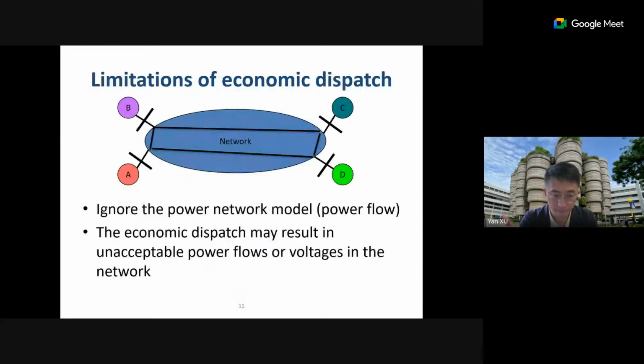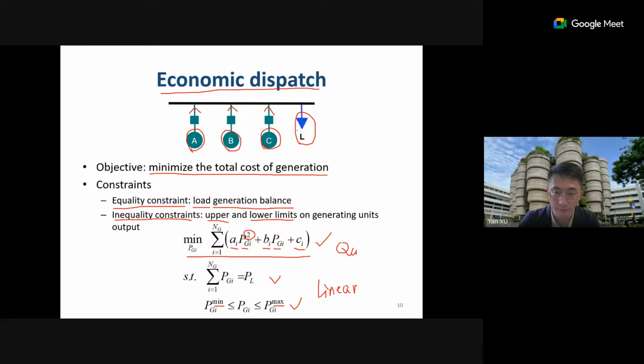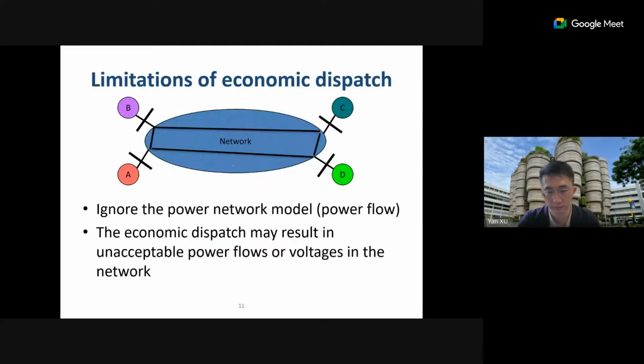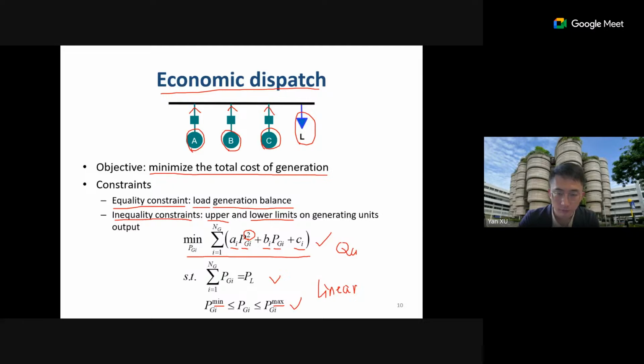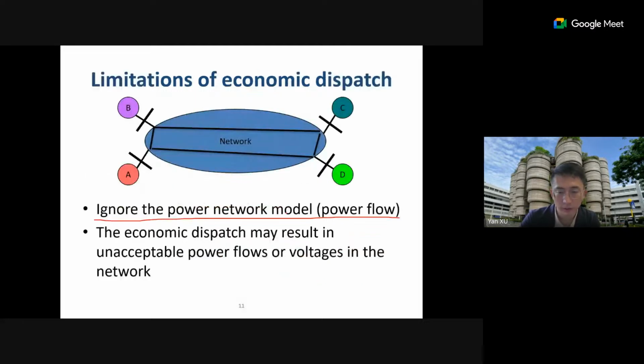It's very basic, so it has a lot of limitations or inadequacies. First, you can see that economic dispatch does not consider the network, right? We just consider the 3 generators supplying the load, but where is the network, the power grid? It is not considered. So economic dispatch ignores the power flow model. And besides, since we only consider the real power and don't consider the network, where is the voltage?